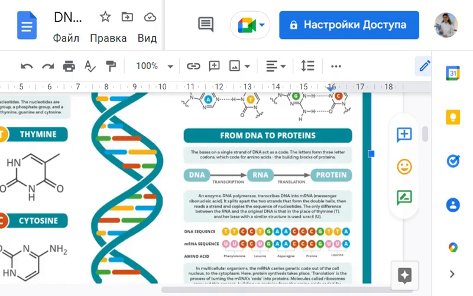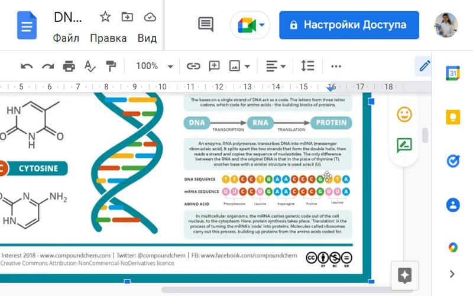Here you can see that we make RNA first, and then from this RNA we make protein. Here we translate it to nucleic acid language, and then we make proteins out of it.